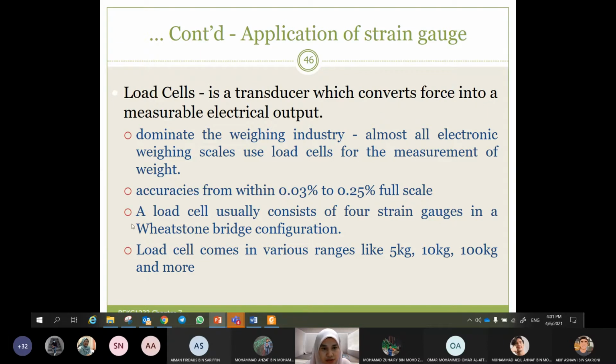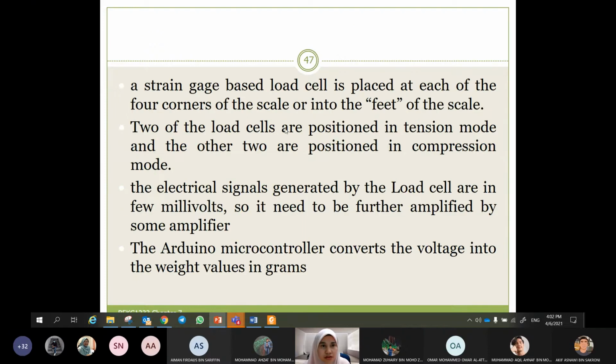A load cell usually consists of 4 strain gauges in a Wheatstone bridge configuration. Load cells come in various ranges like 5 kg, 10 kg, 100 kg, and more. A strain gauge based load cell is placed at each of the 4 corners of the scale or into the feet of the scale.